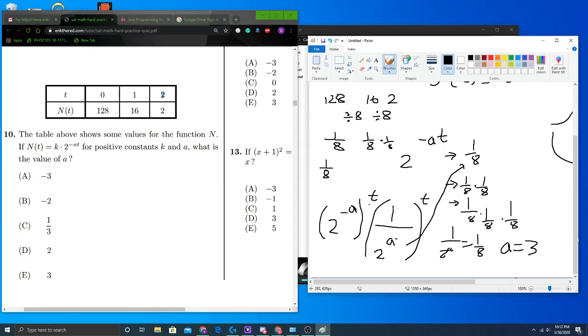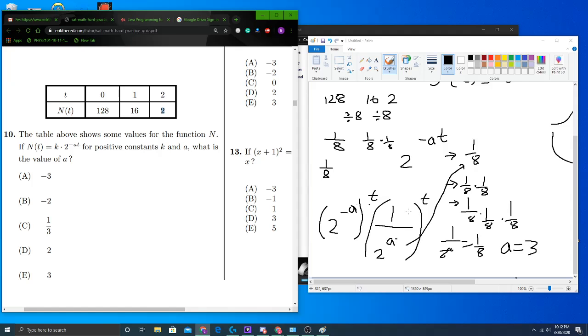When a is equal to 3, it'll be 1/8 to the t. When t is equal to 1, you're just having 1/8. When t is equal to 2, you're having 1/8 times 1/8, or 1 over 64. 1 over 64 times 128 is 2.